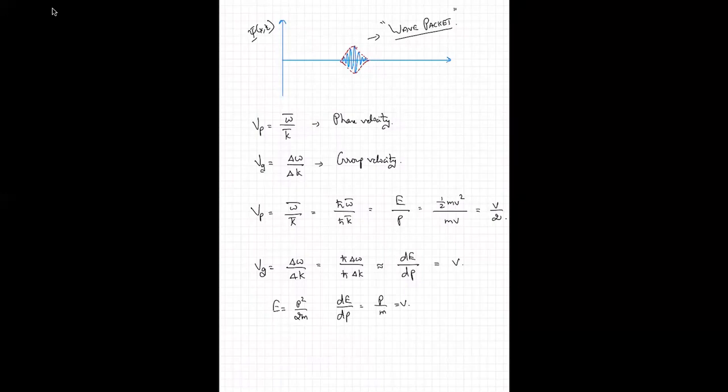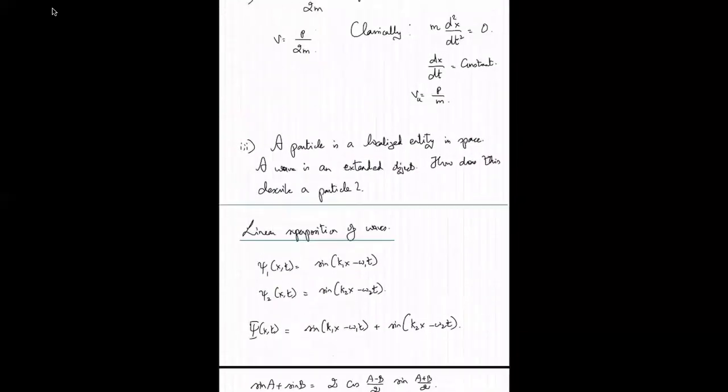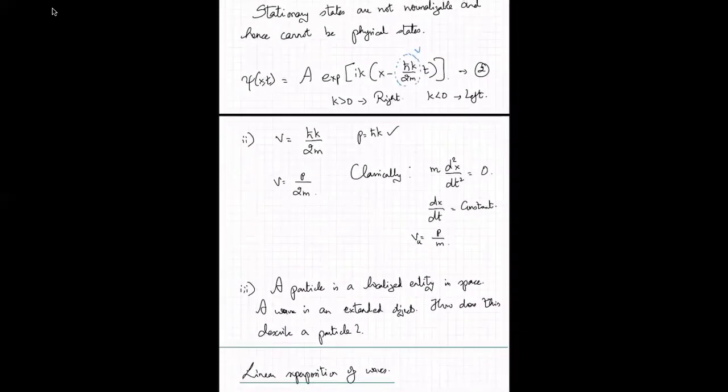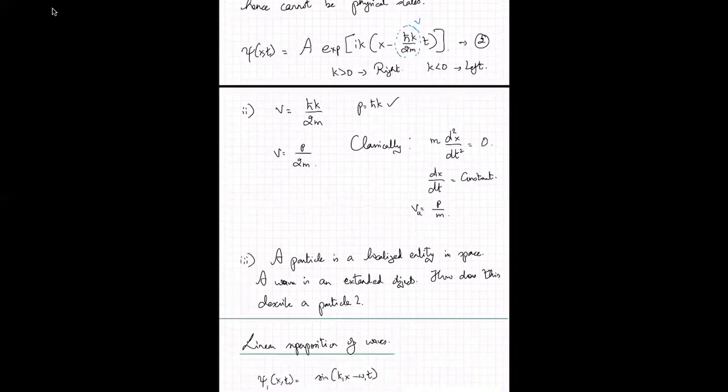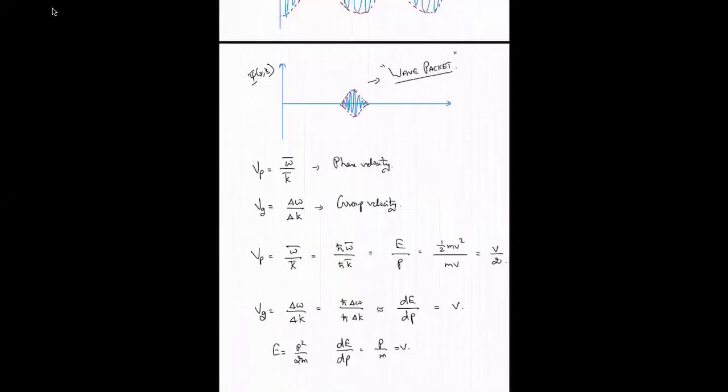So where did we go wrong in our original description? In our original description, remember that we only constructed one wave. This wave, corresponding to equation number 2, which was the solution of the Schrodinger equation, corresponds in our simple example to the wave that is going around very fast, with a very short wavelength, k bar.